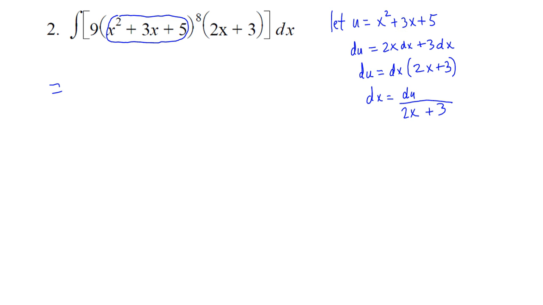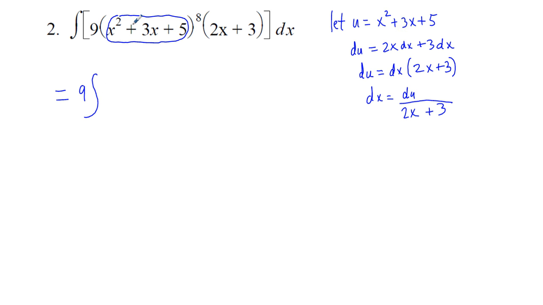And using our u substitution, it looks like 9 is a factor, a coefficient, so we can just take the 9 out front.